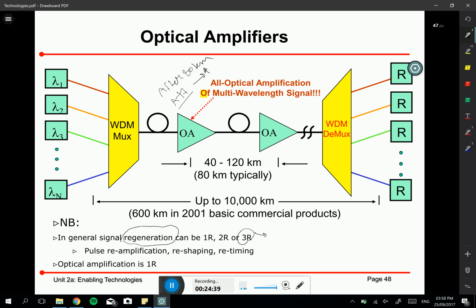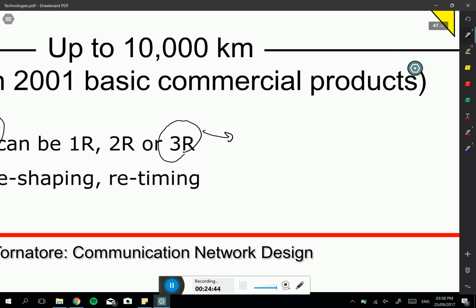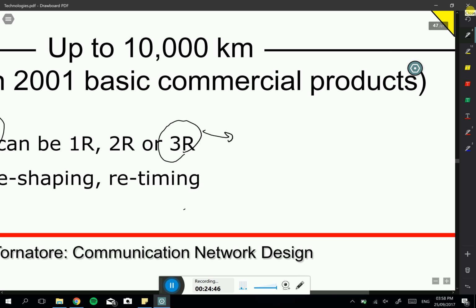Always the same example, you have a beautiful pulse in transmission. It goes 80 kilometers. For sure, we know that the intensity of the pulse will decrease. This is due to attenuation. Right?